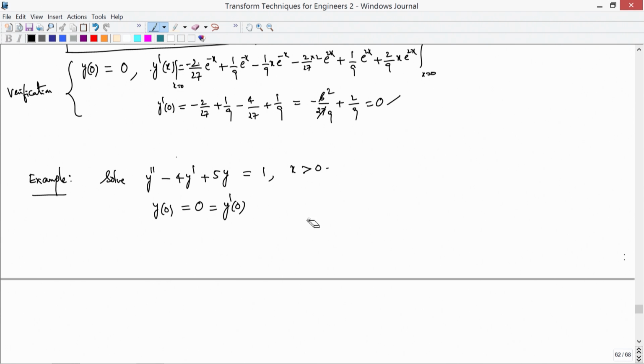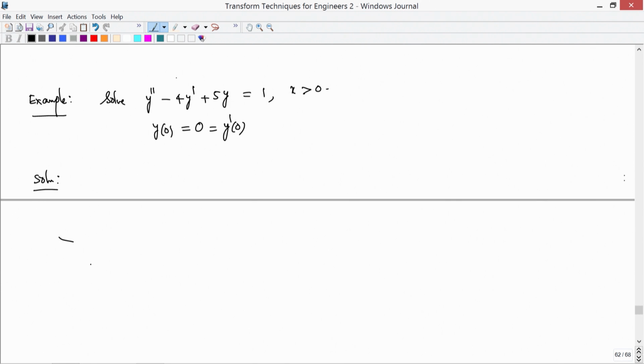So, if you follow the same way, the moment you see these initial conditions, you can extend this to x belonging to minus infinity to infinity to get the equation y'' minus 4y' plus 5y equal to h(x).